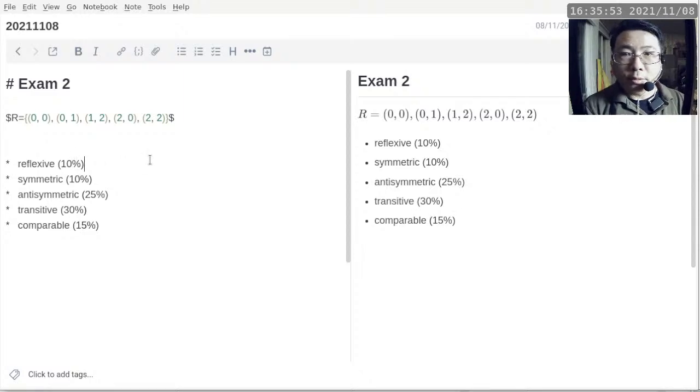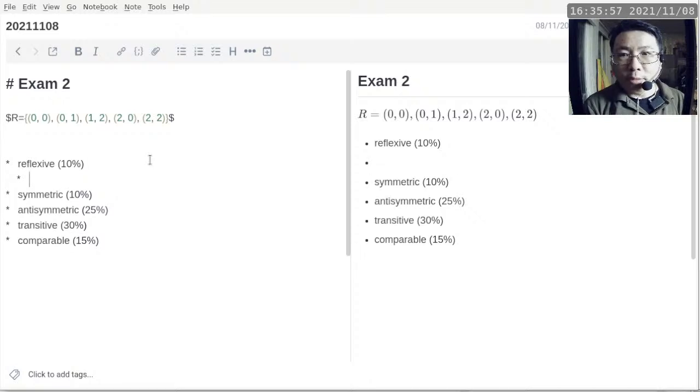All right. So the first one we're going to look into is reflexive. So now you're going to have to quote the reflexive definition, or at least if you find that this is not reflexive, you have to tell me what is the condition that is false when what is E and what is G. So you can kind of take a shortcut, but it is still necessary to refer back to the definition.